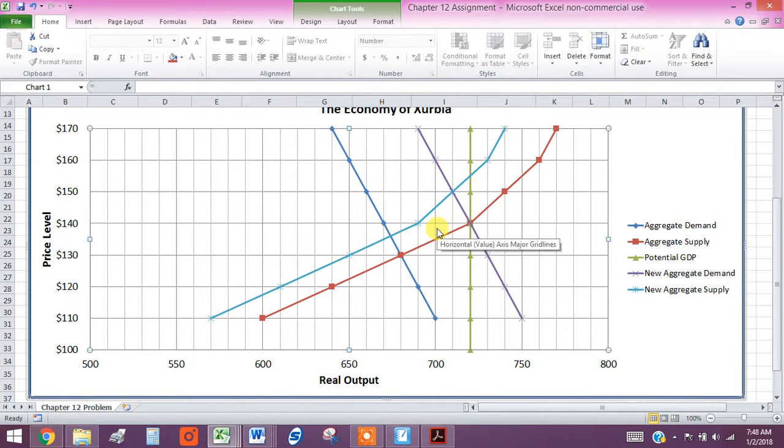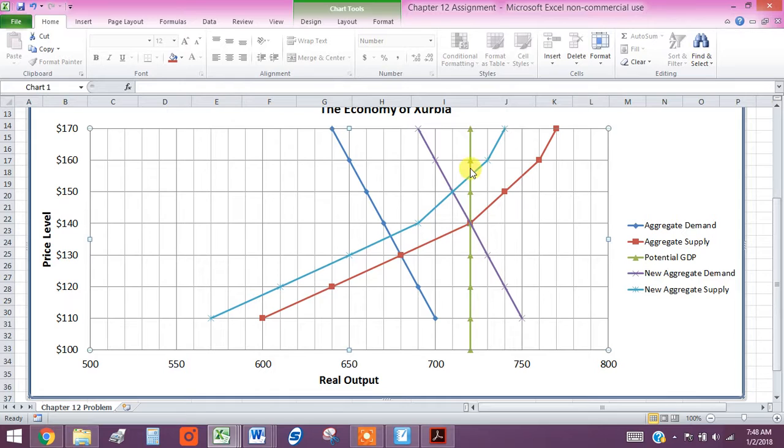Now we also know there's an increase in the population because of the influx of immigration. Typically when you have an influx in population, that increases demand. So demand is going to shift to the right.